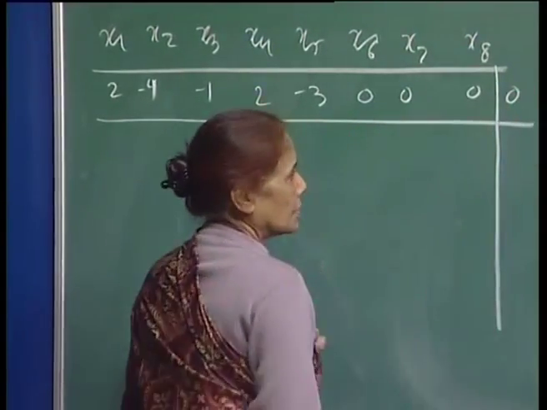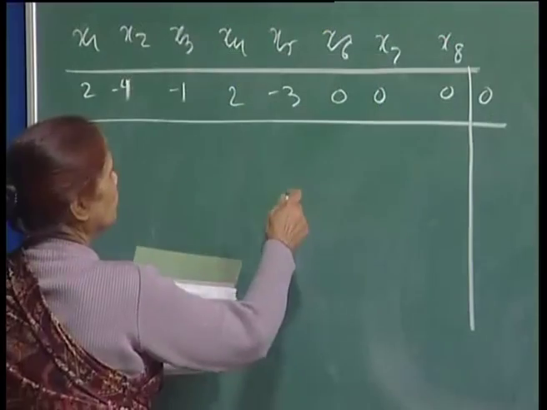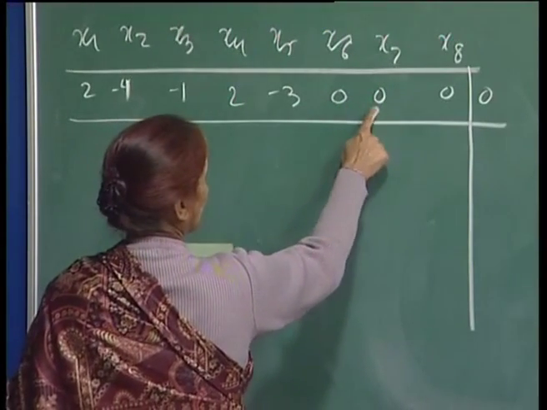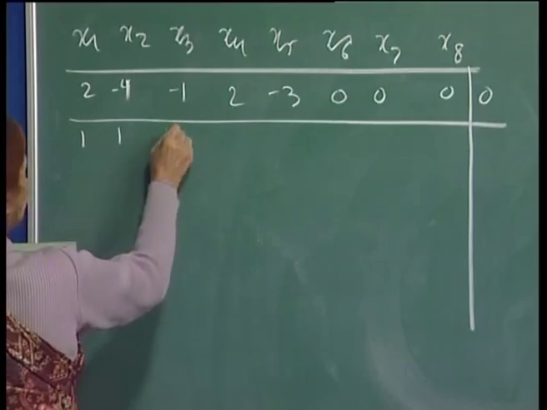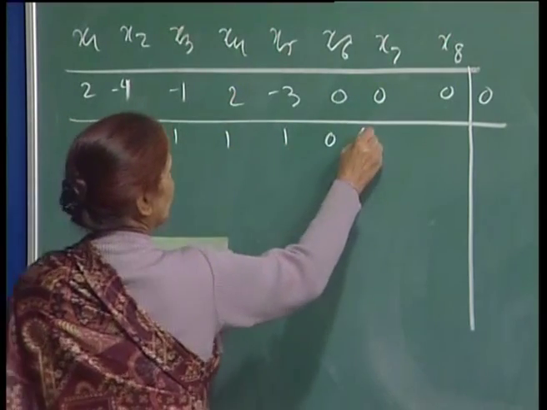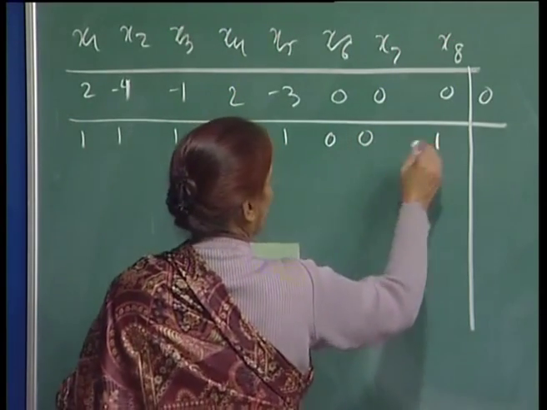Because our basis corresponds to x6 and x7, the artificial constraint that I will add will be 0, 0 and 1 here.